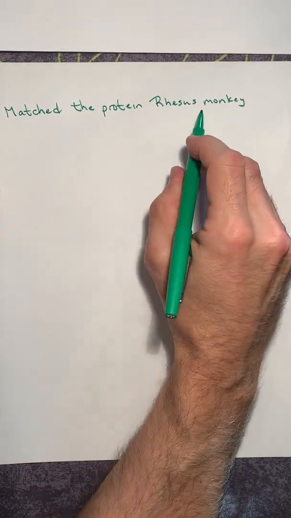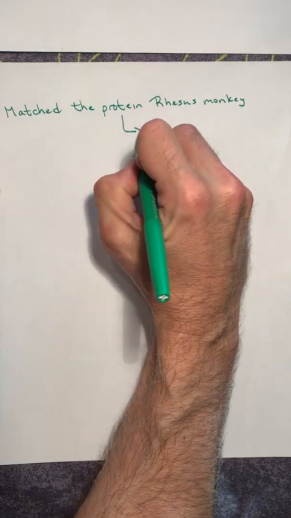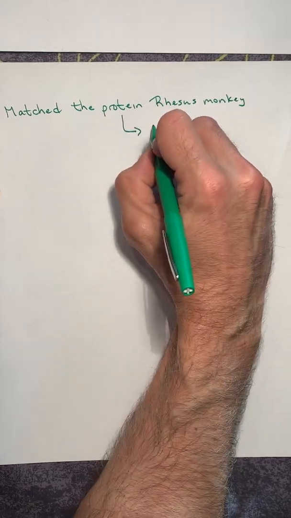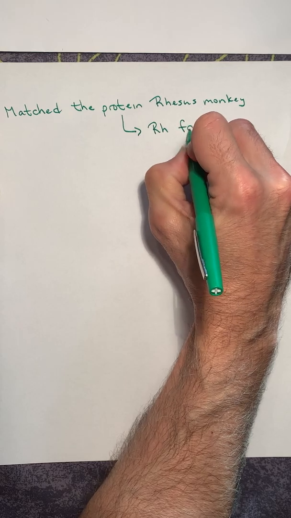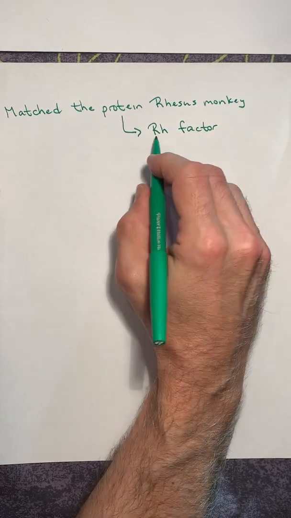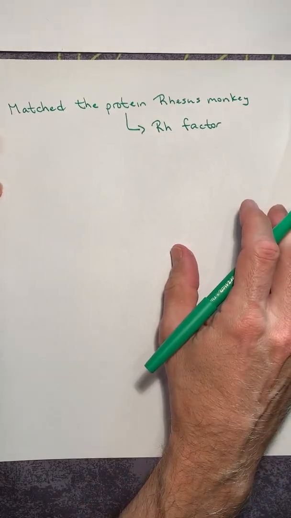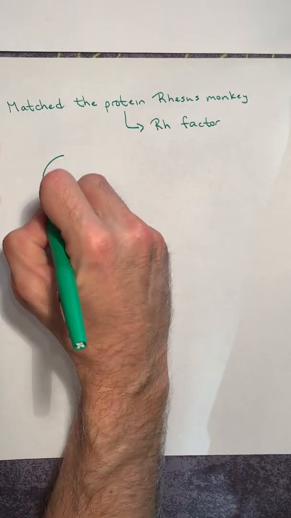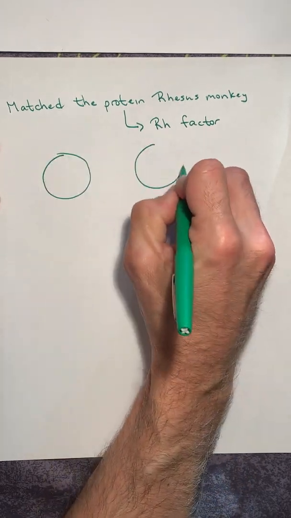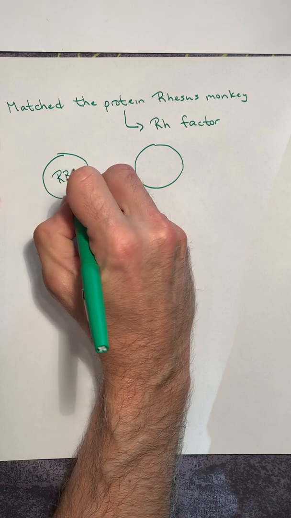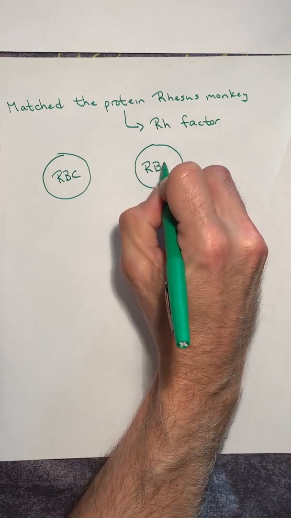Since this protein came from the rhesus monkey, or was first discovered there, we refer to it as the Rh factor. Rh from rhesus. Fine. So again, looking at the red blood cell, here's the red blood cell that floats around in our blood.